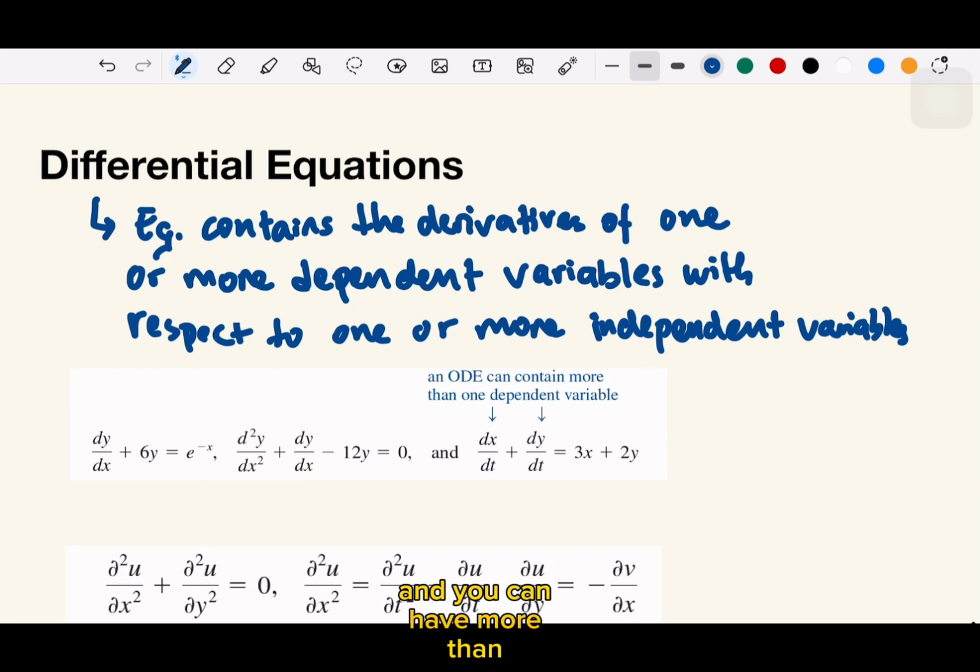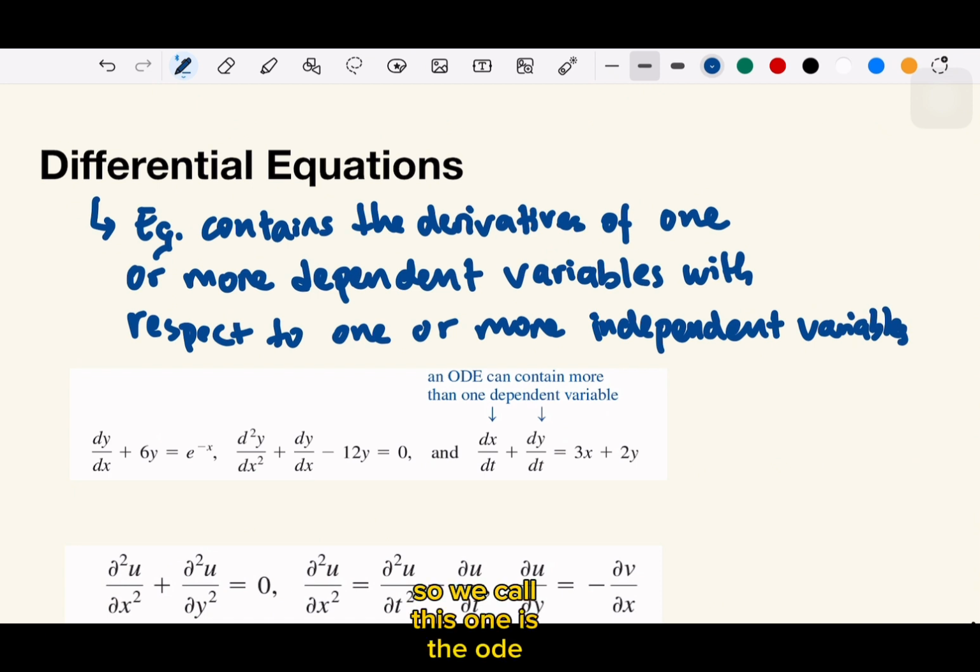And we can have more than one dependent variable. We can have dx/dt, dy/dt. Or we can have two independent variables, which I think you learned before in partial derivatives, right? But in our course, we are going to focus on the ordinary differential equation, which is this one. We are not really going to talk much about partial, because this is already a lot of content.